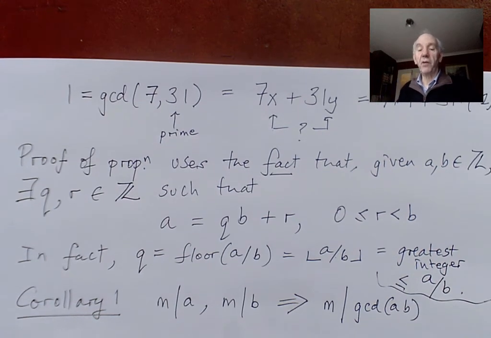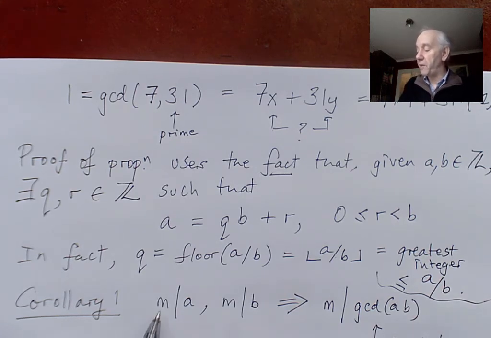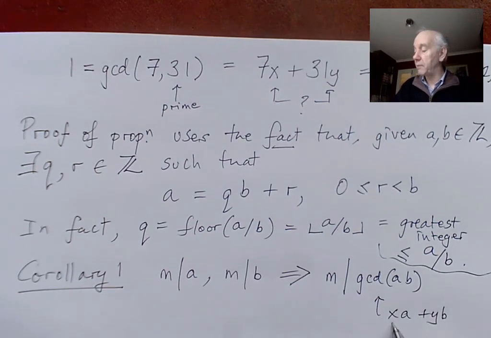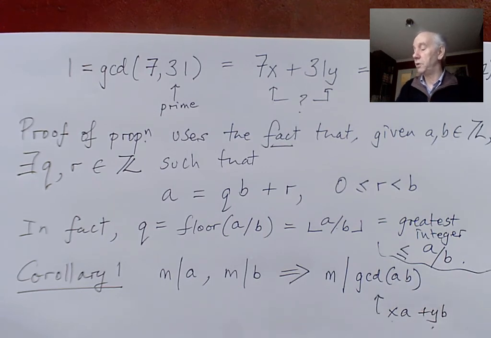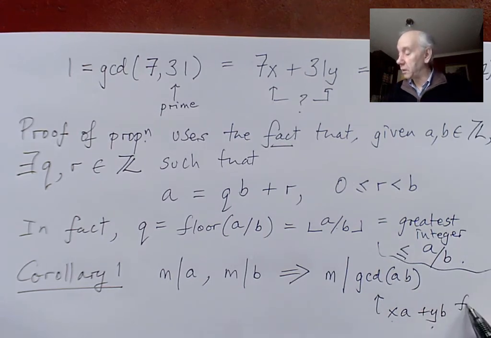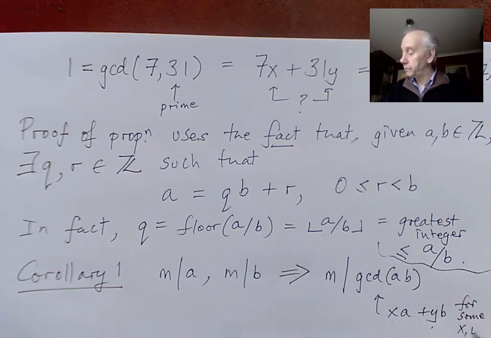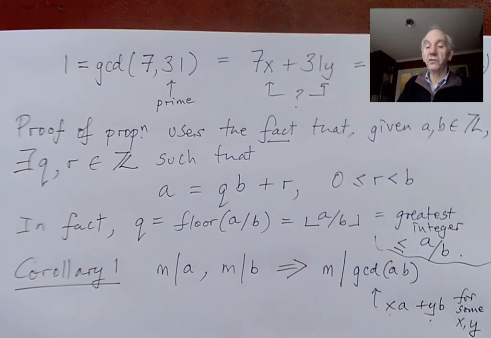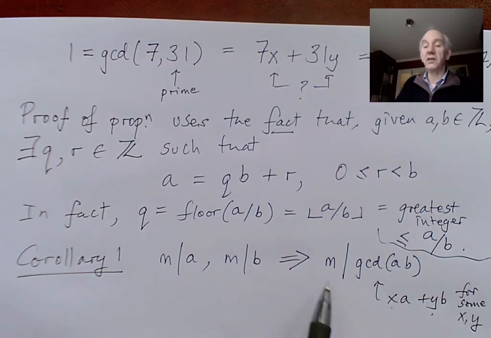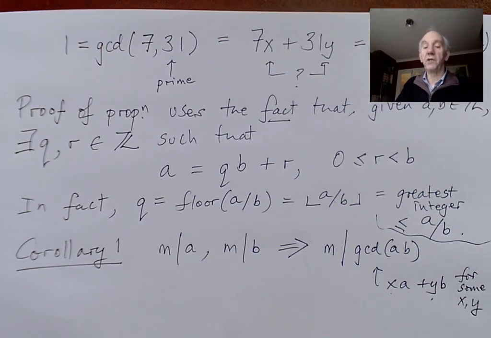Okay, that's a corollary. And why is that? Well, the greatest common divisor, we know, has the form xa plus yb. So now the corollary is obvious, because if m divides a and m divides b, then m has to divide this object here, because this is true for some x and y. So a common factor has to divide the greatest common factor, the highest common factor.